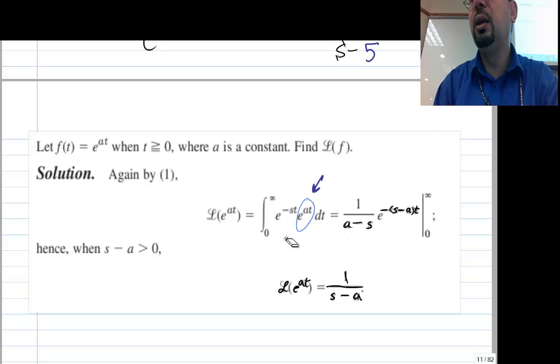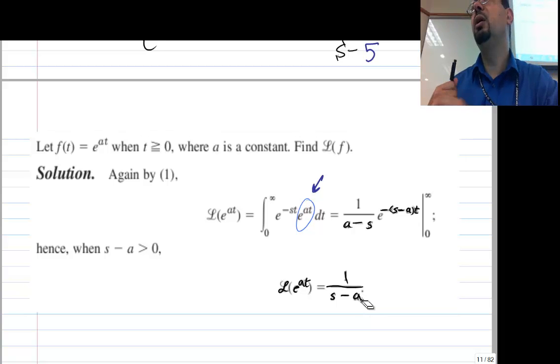So basically, let's add them together. It's basically the integration of e to the power minus s plus a, times t. And so the same integration we did before. It doesn't matter what's next to the t, you just divide over it. So that's a minus s, and that's the same thing, and you substitute from 0 to infinity, you'll end up getting 1 over s minus a. Alright?